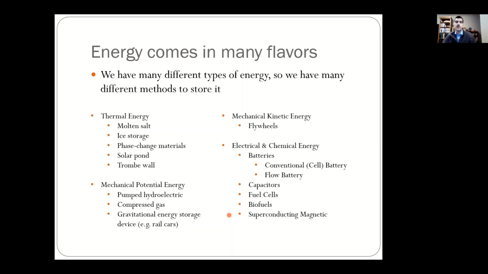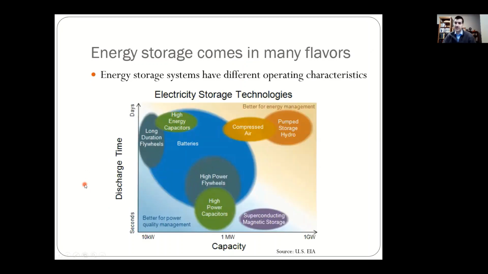All right, so we're going to talk about a few different types of energy storage today. And remember, batteries are kind of in between. They're kind of like a jack of all trades, master of none type situation. So batteries are pretty decent at a lot of different things, but they're not terrific really at any one individual thing.